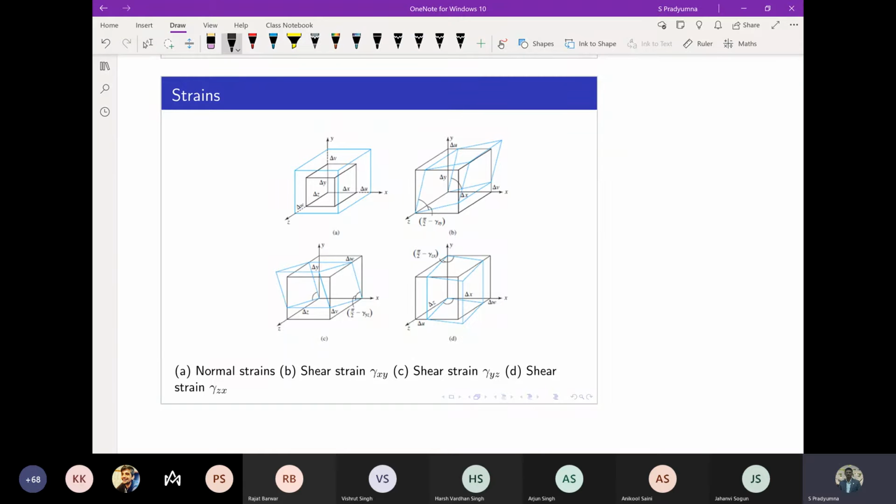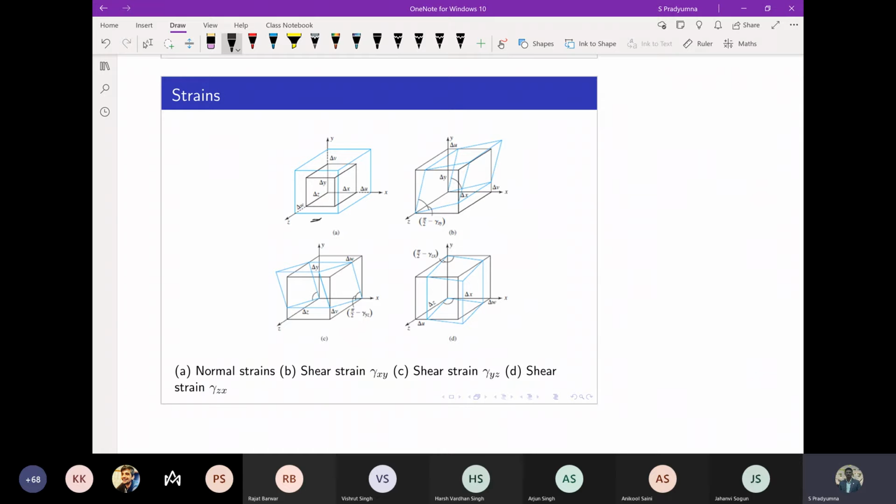For example, if you consider this figure, because you have applied normal stresses in all directions, sigma x, sigma y, sigma z, the size of the cubic element is increasing in all three directions. We are not worried about how much the increase is. That is what we call normal strain: strain along the x, y and z directions.